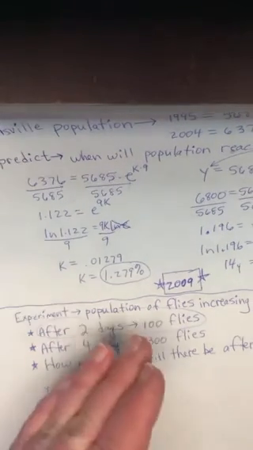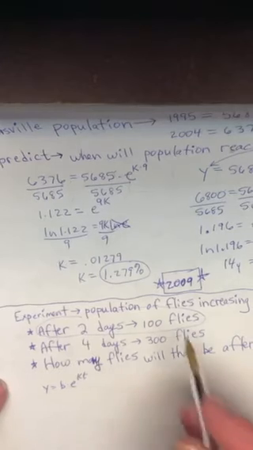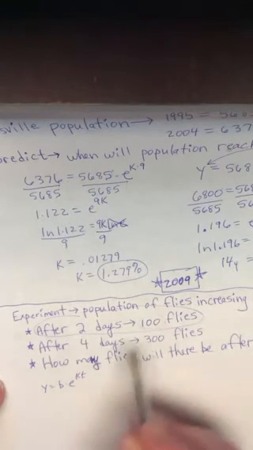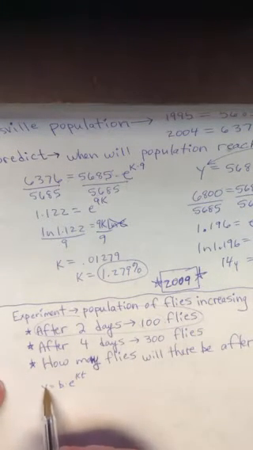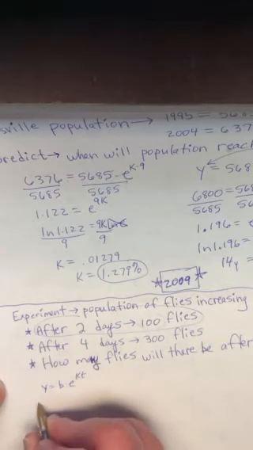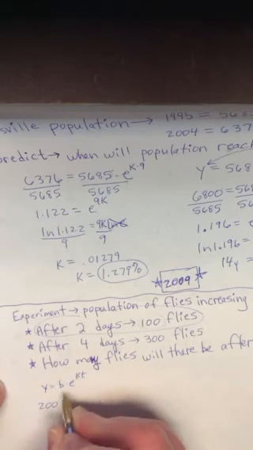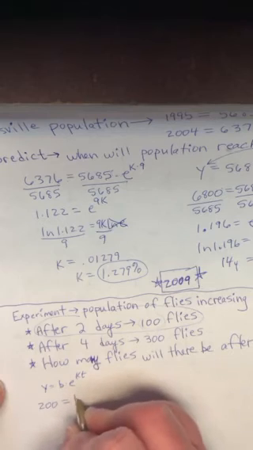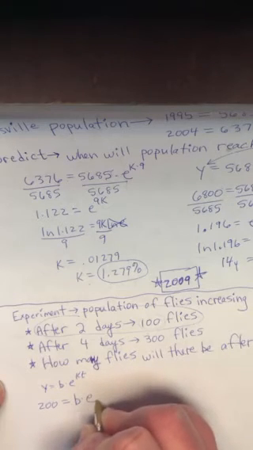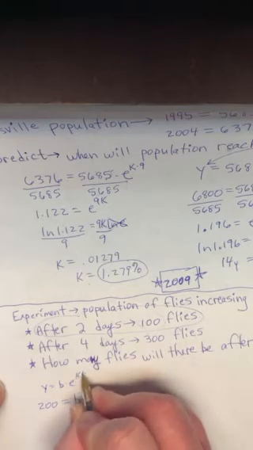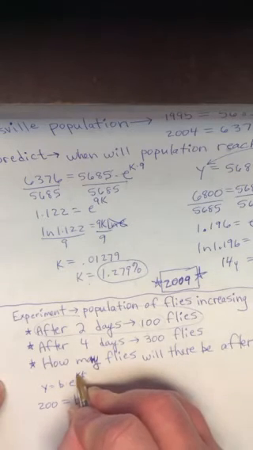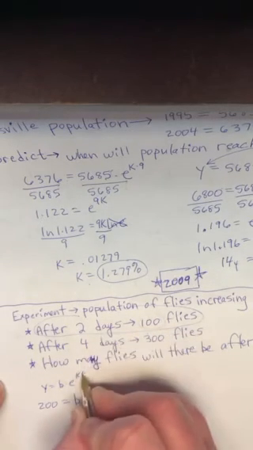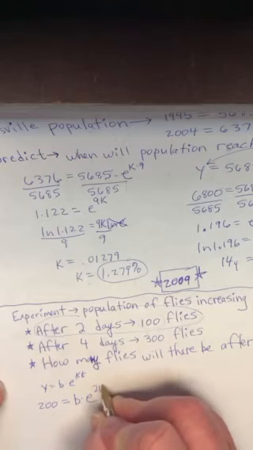We just know after 2 days there were 100. So 100's actually going to go in for y, the final amount of flies after 2 days, equals, I don't know the beginning amount of flies, that's my unknown, times e to the kt. I don't know k, but I do know that 2 days has passed, so that's 2k.